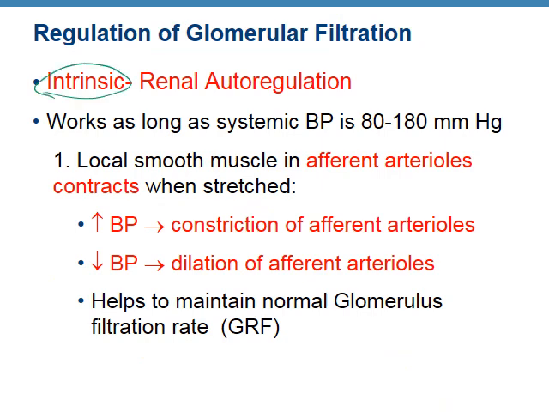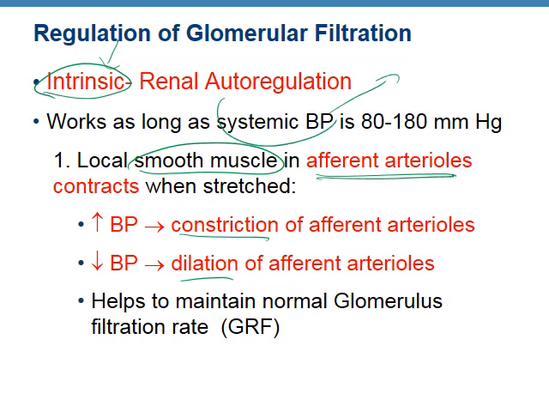So we have intrinsic controls or regulations. So this is inside the kidneys. The smooth muscle in the afferent arterioles can contract or dilate, constrict or dilate. So this is going to seem a little strange to you. I'm going to show you on the next image because normally, what do we think? With systemic, if the blood pressure is high, we do dilation, right?